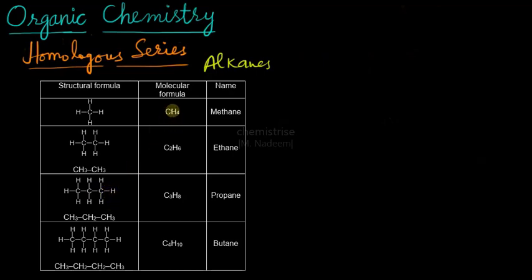So if you look at two consecutive members, you see there is one carbon and there are two carbons over here. So the difference between the two compounds is one carbon, and you see there are four hydrogens and there are six hydrogens. So there's a difference of two hydrogens. So two consecutive members differ by a CH2 group. The same is the case with the next two.